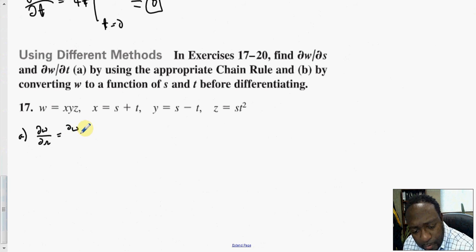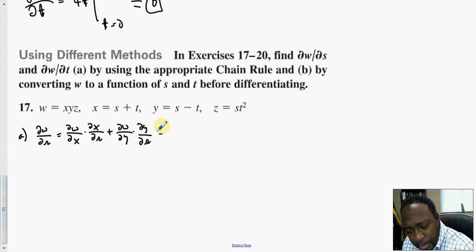This is the partial of w with respect to x times the partial of x with respect to s plus the partial of w with respect to y times the partial of y with respect to s plus the partial of w with respect to z times the partial of z with respect to s.